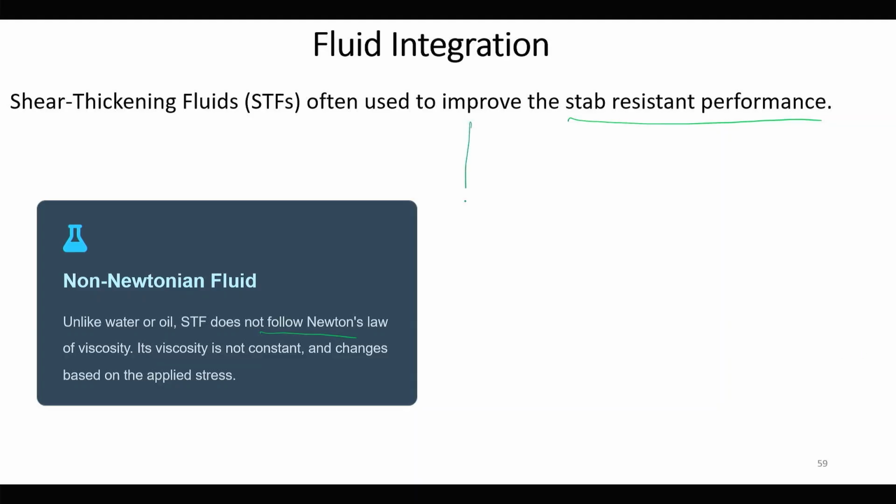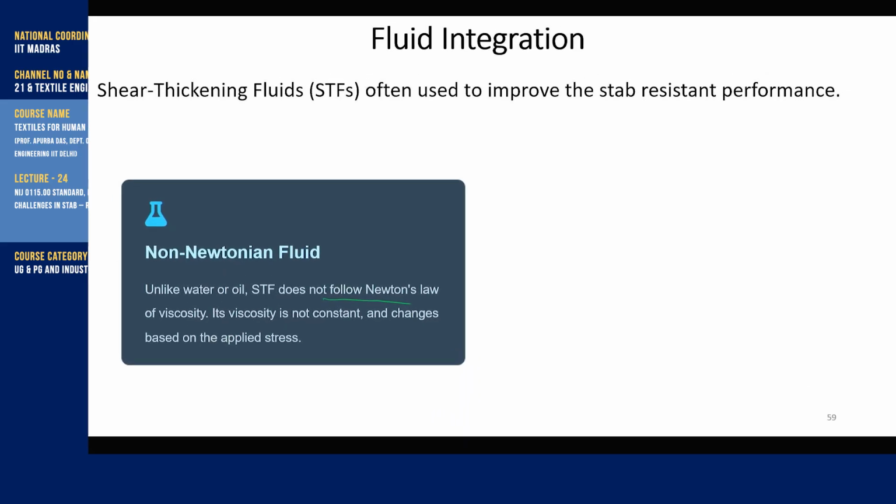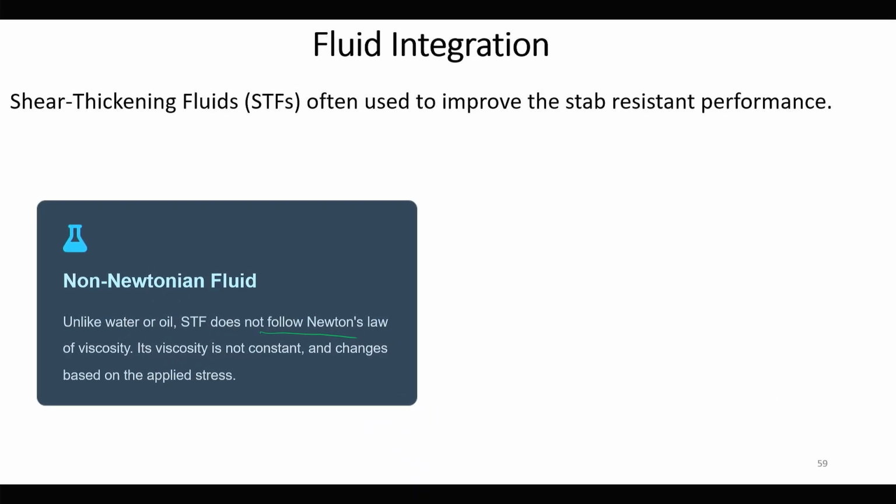Like in Newton's law, if the shear strain increases, the shear stress also increases, so they follow a straight line. Here it does not follow the straight line; its viscosity is not constant and changes with the applied stress. As the shear rate increases, the viscosity increases.